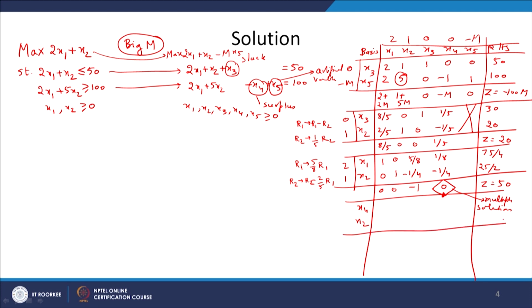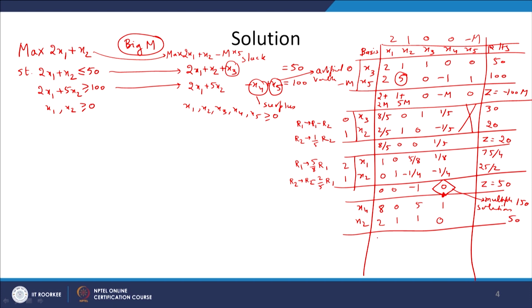And what do we find? We find that the entries are as follows: 8, 2, 0, 1, 5, 1, 1, 0, and the right hand side is 150 and 50.